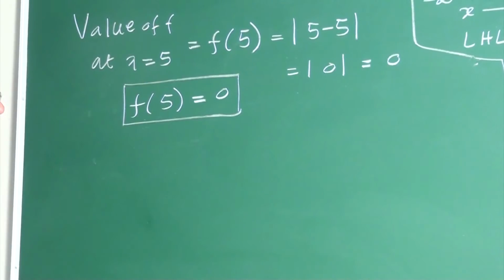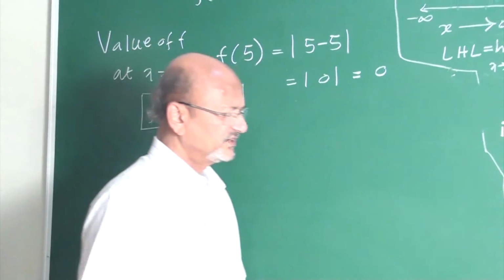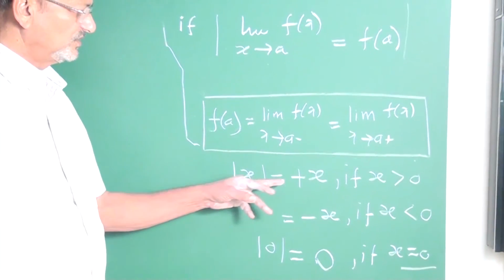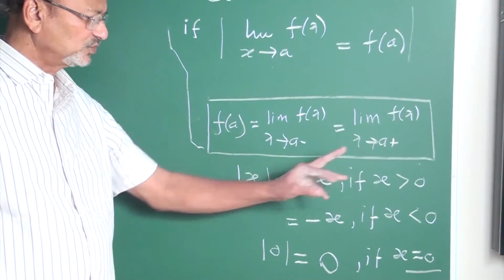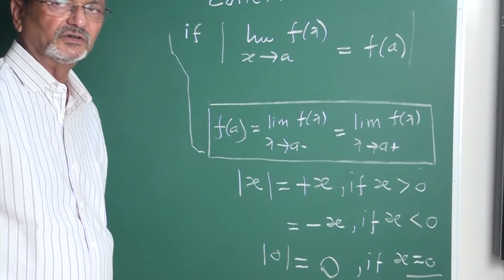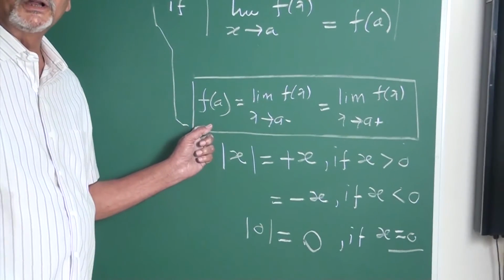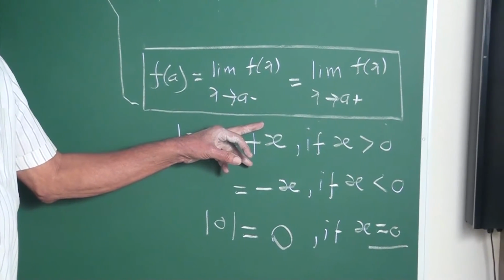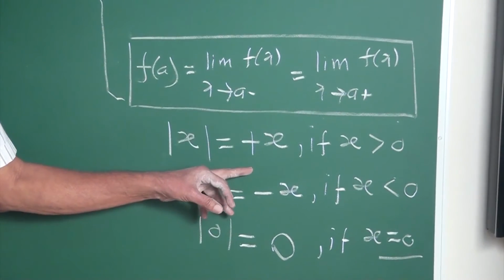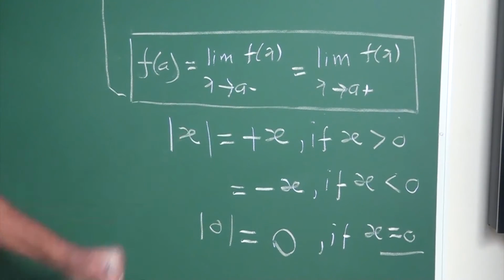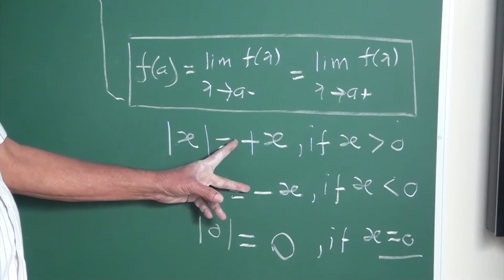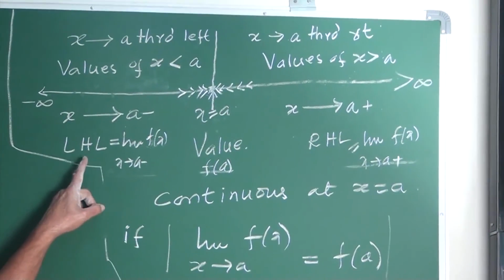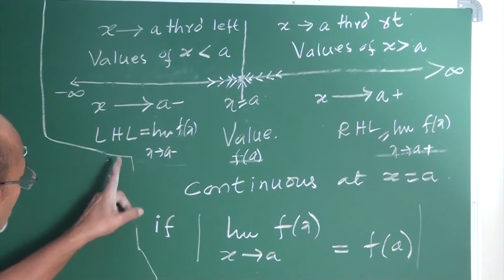Yes, my friends. Now, by the definition you can see here: plus if x is positive, minus if x is negative. Mod is defined for both, when x is greater than 5 and when it is less than 5. When two values, positive and negative, come in that case, you have to go for LHL and RHL.